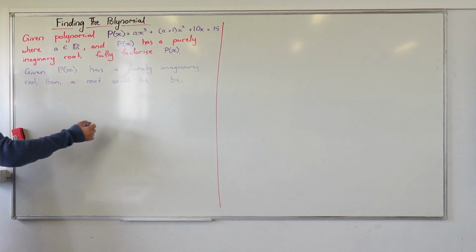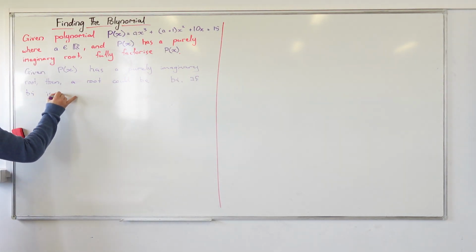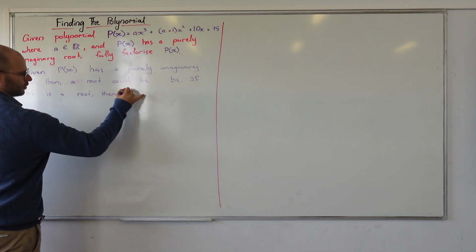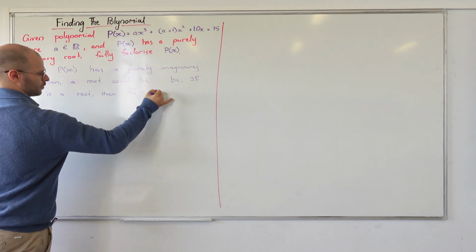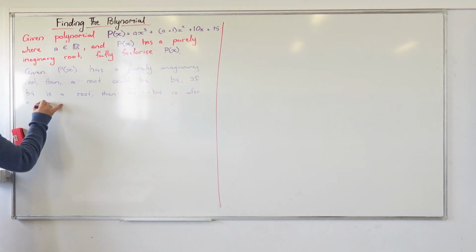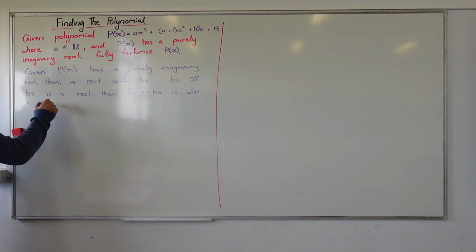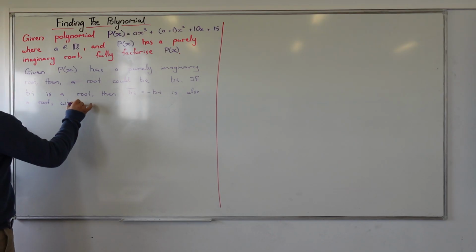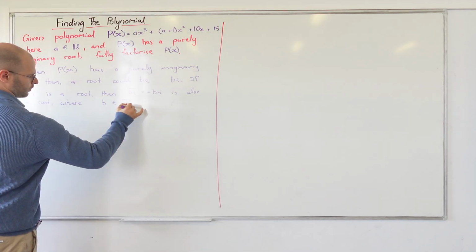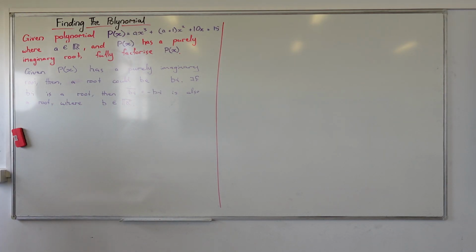Now, if bi is a root, then negative bi is also a root, where b is obviously a real number, and it's probably non-zero.